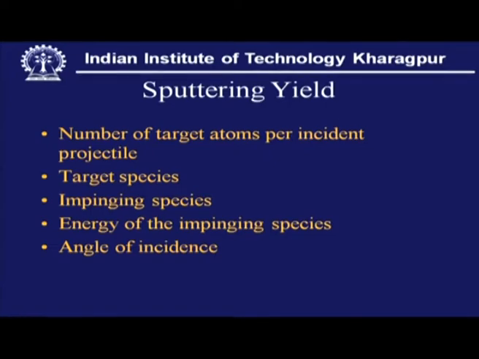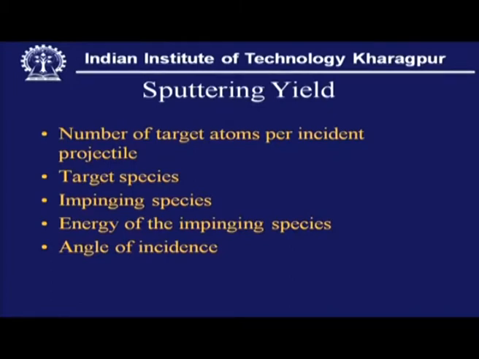Say, for example, one ion is going to strike this surface, and as a result of that, how many atoms will be ejected. So, that is actually the capability of a single ion which can cause dislodgement followed by ejection, and then this flow of the sputtered material like a stream.